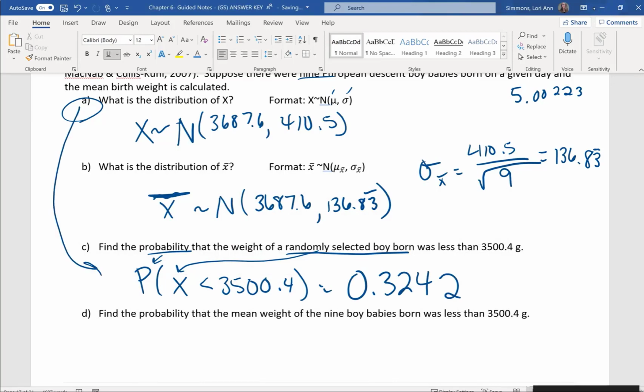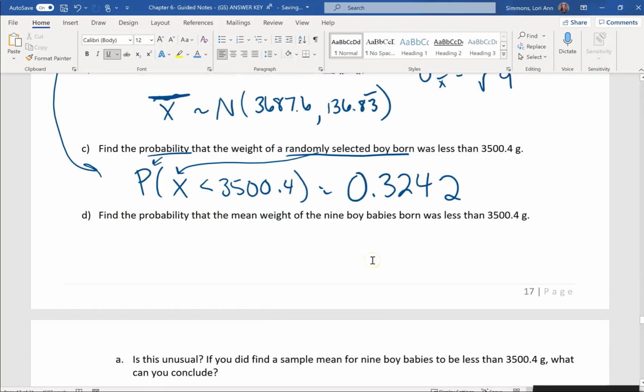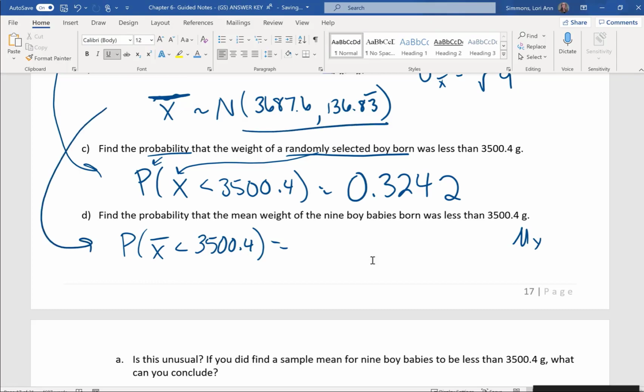Okay. D, find the probability that the mean weight was less than 3,500.4. Mu x bar, we're going to use what we found here. So 3,687.6, that stays the same.